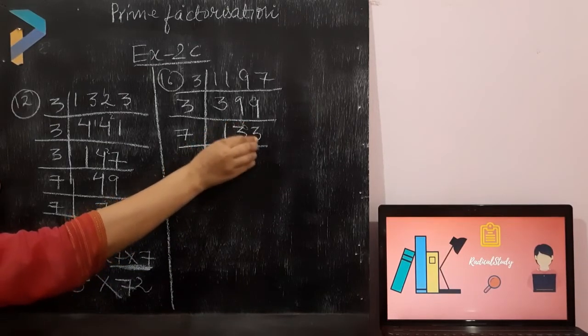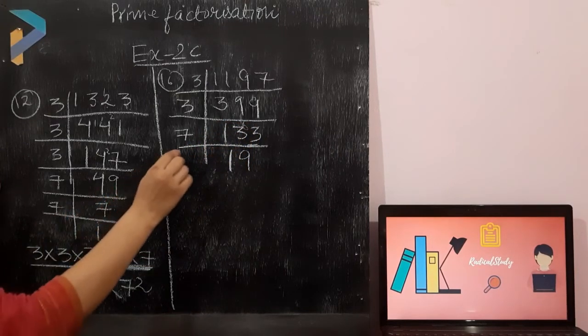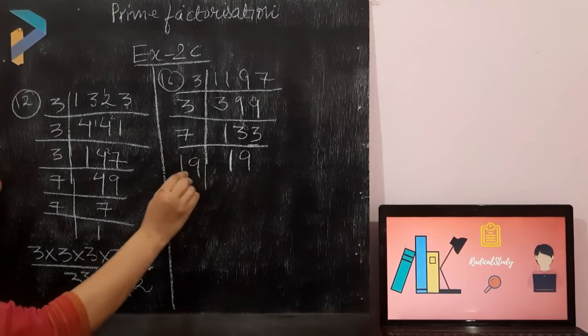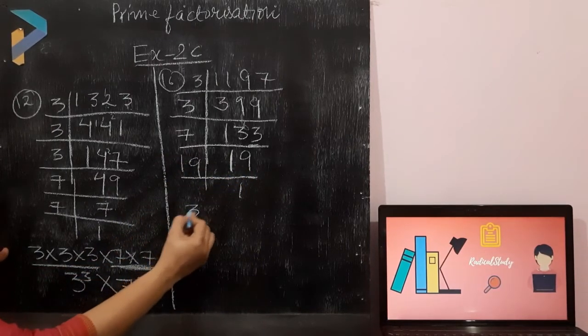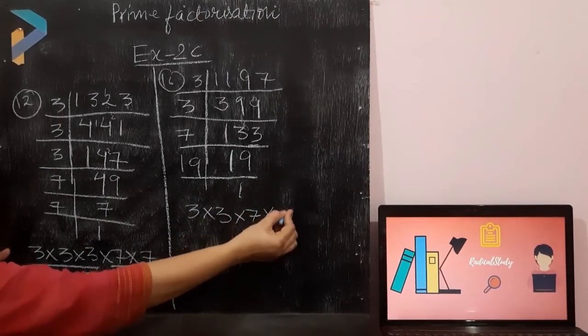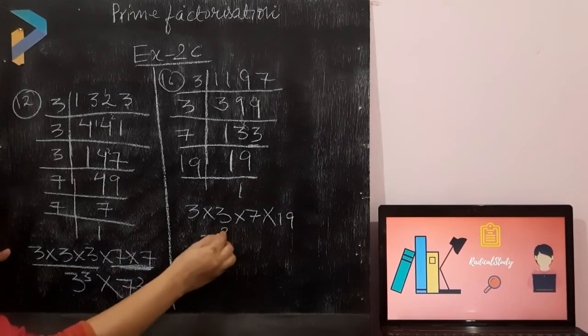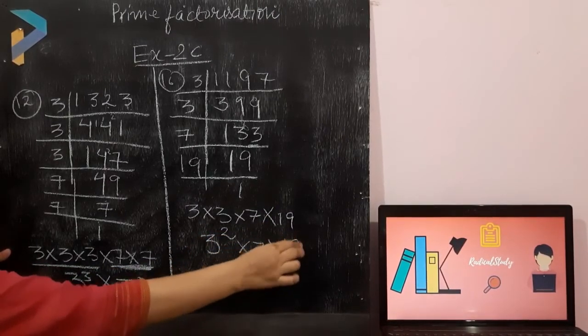So it will become 63. So 7 9s are 63. Now 19 is a prime number, so it will be like that. 19 1s are 19. So how will we write the prime factorization of this number? Like this. 3 is written 2 times, so we will write 3 to the power of 2 multiplied by 7 multiplied by 19.